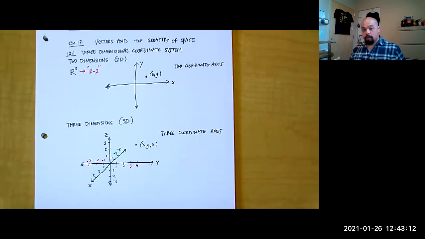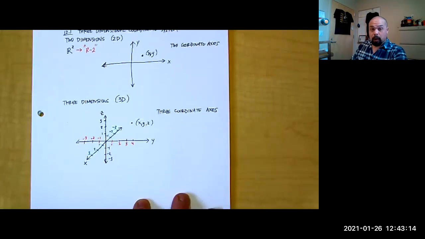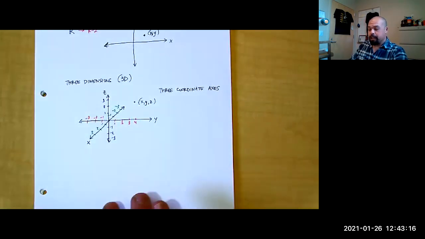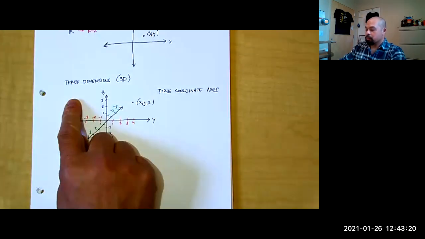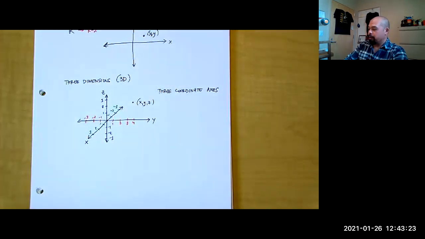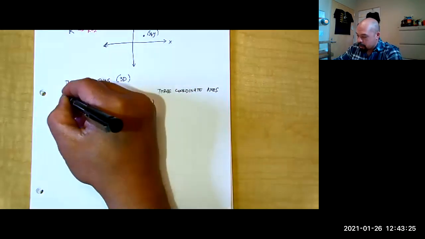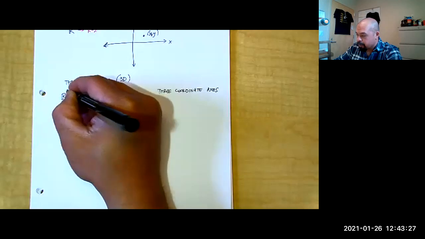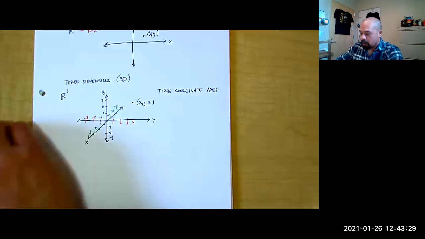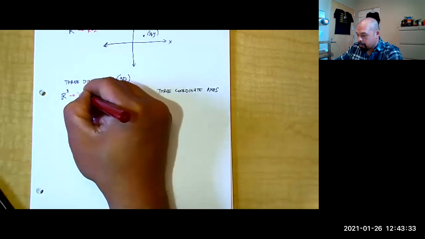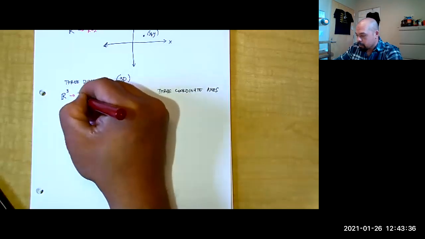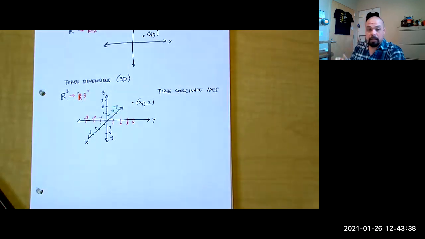But getting used to working with this 3-dimensional coordinate system, the Cartesian, the rectangular coordinate system. Here, before I forget, we're going to call this R3. Since there are 3 number lines, we'll call it R3. And we'll talk in later work about how we take a three-dimensional figure and project it down.